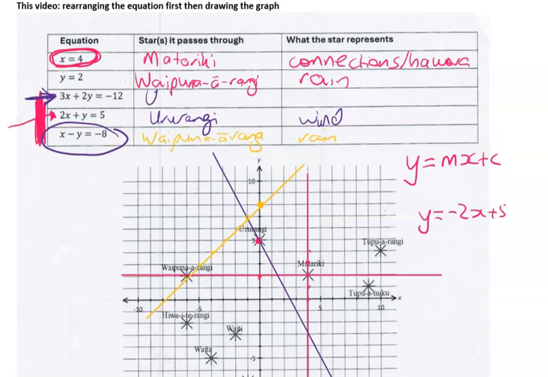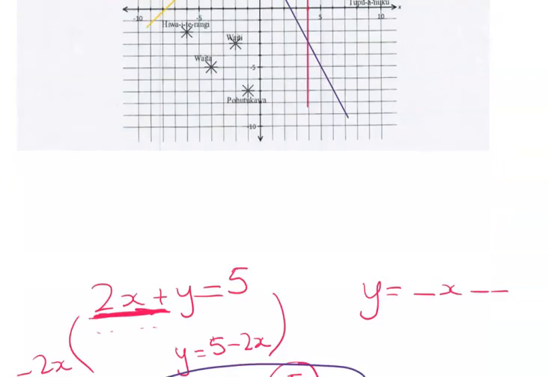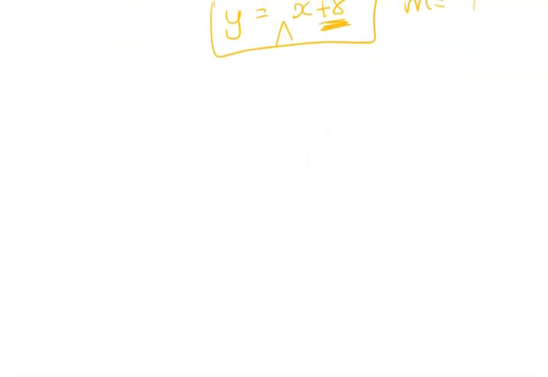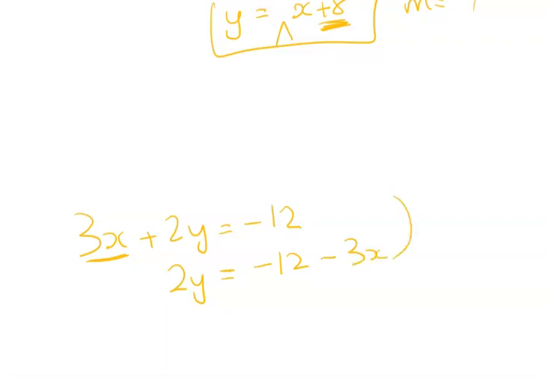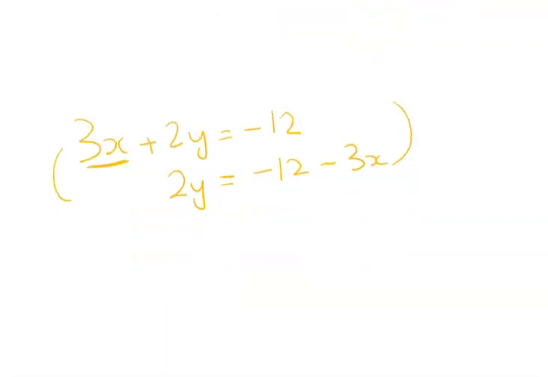Now the last one is 3x plus 2y is equal to -12. I'm going to subtract 3x from both sides, and that gets me 2y is equal to -12, take away 3x, right? Taking away the 3x on both sides.